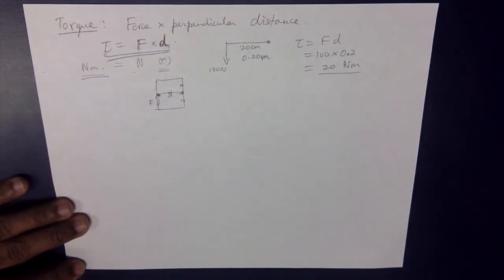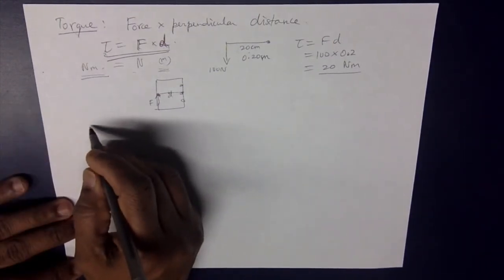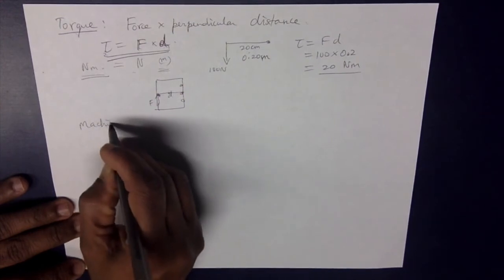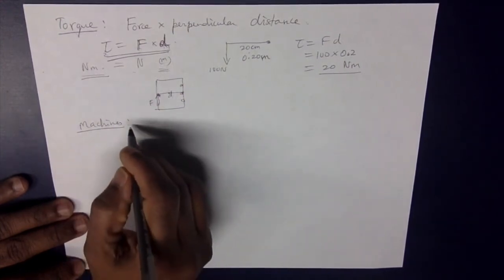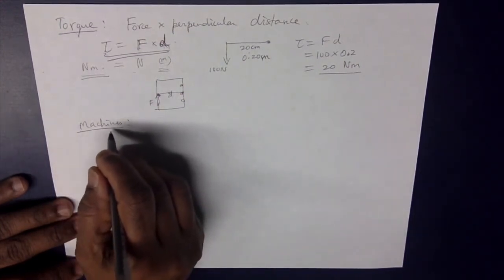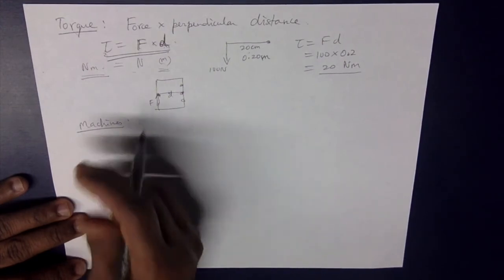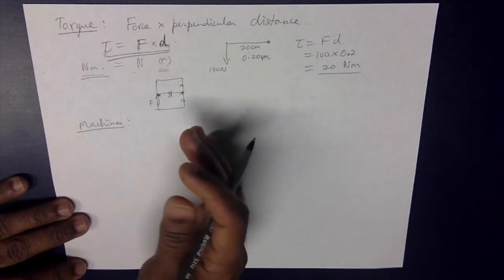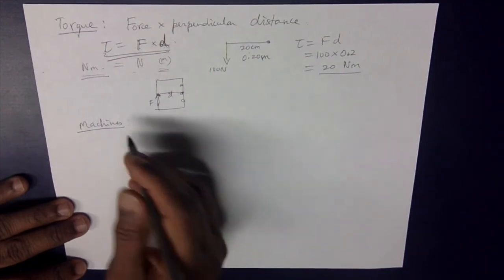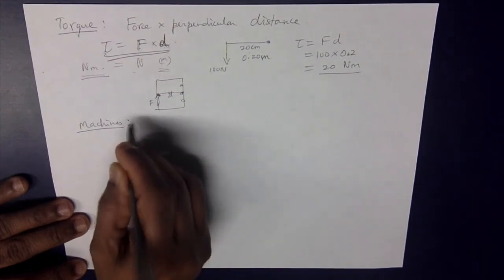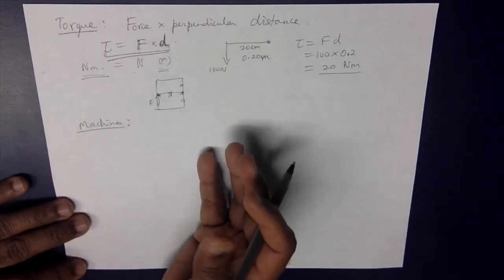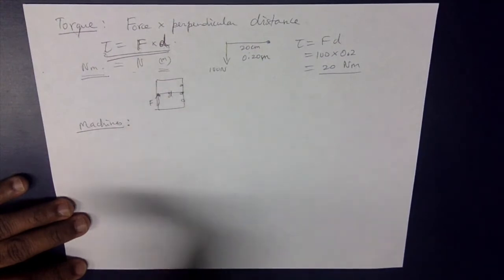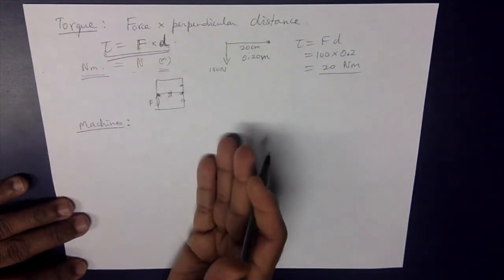All right, then the last one we did was the machines. The machine is supposed to help you with the force. So you don't need to apply a big force, but you're getting the same job done. So you cannot produce energy because of machines. If at all a machine is producing energy like a generator, there must be another form of energy that it is using.